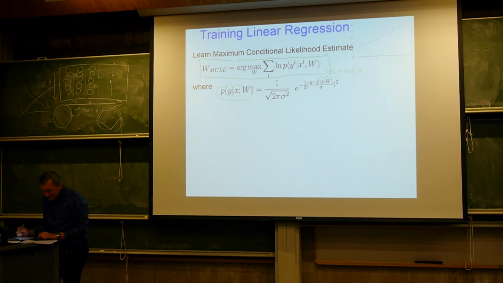So W equals the argmax over W of this thing. I can write it out this way: it's the sum over each training example of the log of this P of y given x. So what is that log? Well, I have to take the log of this quantity, but that's just the log of the first term.